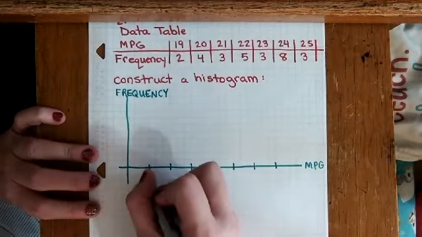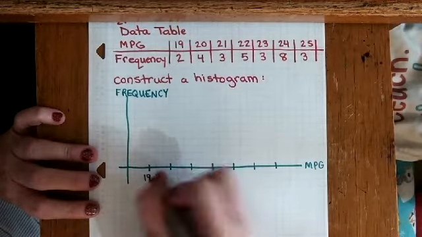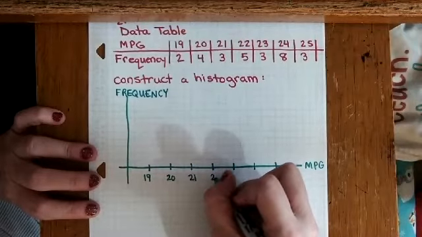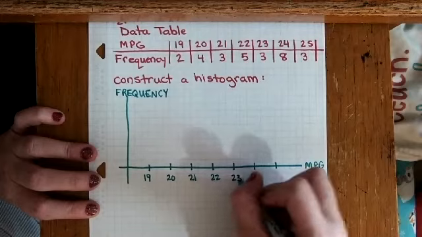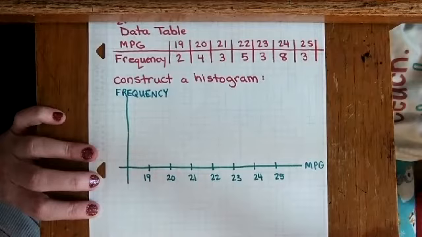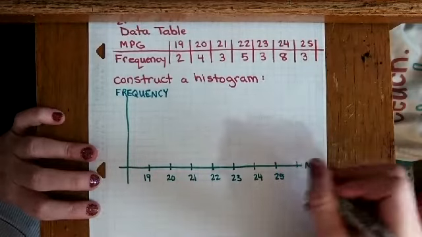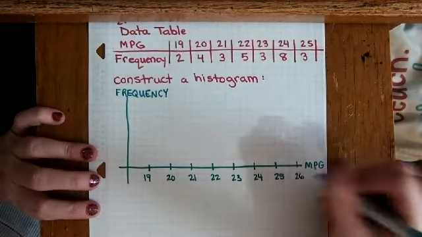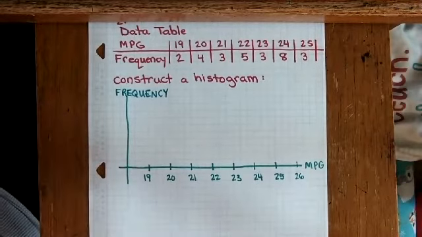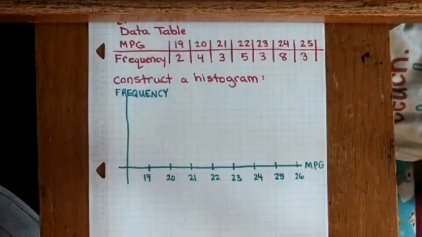If we start our information at 19, my next tick mark on there just for fun. And now we'll also want a relative scale for our frequency axis.